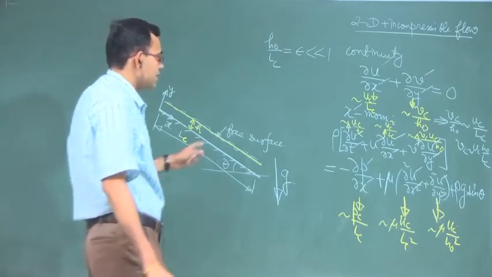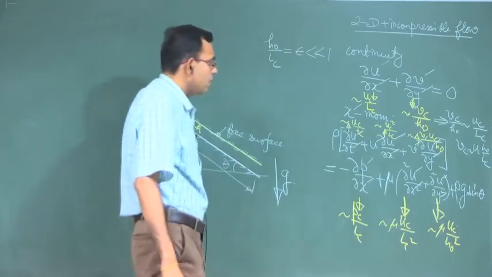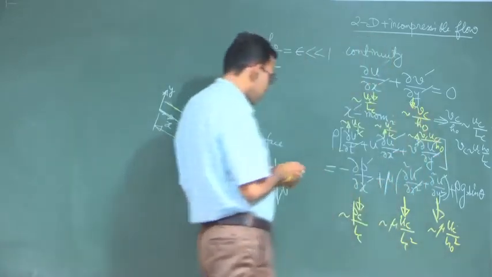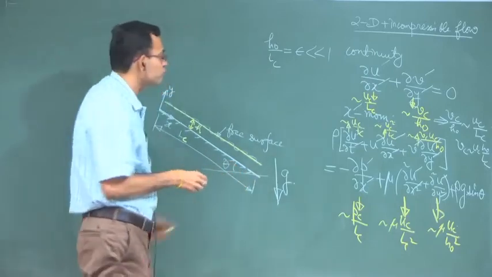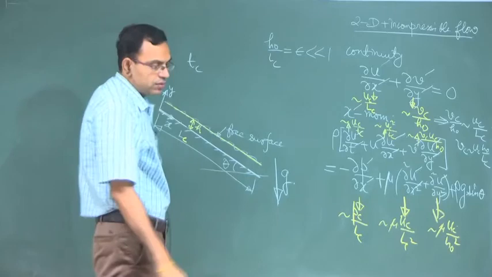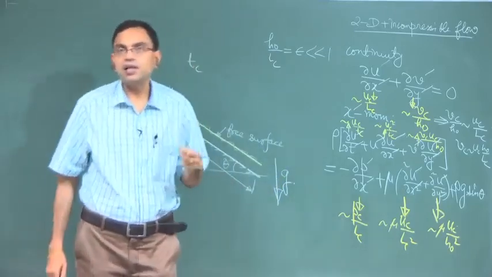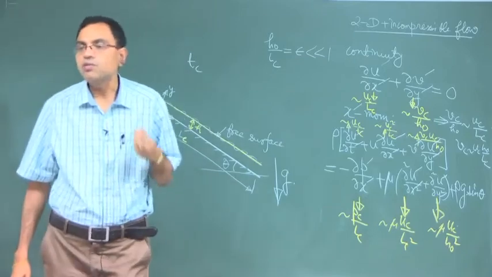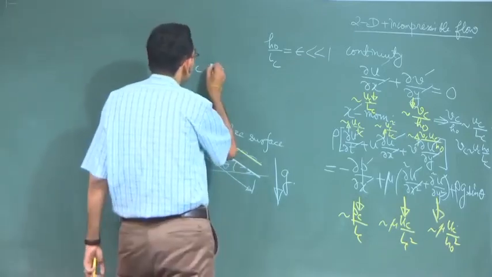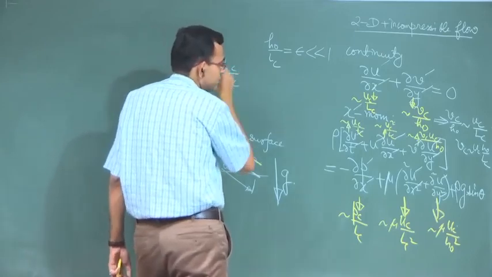So, now let us make an assessment of various terms. These are the inertial terms. First of all, what is Tc? There are different time scales which are possible. The natural choice of the time scale is the convective time scale. Tc is Lc by Uc.